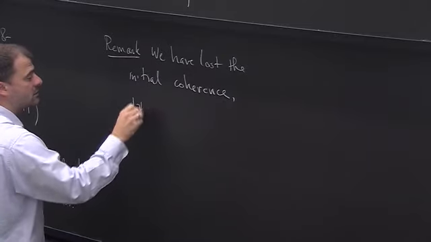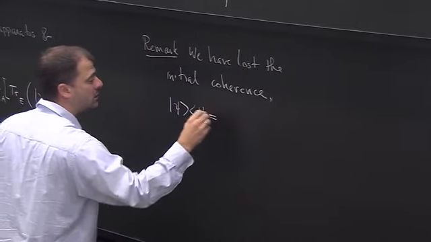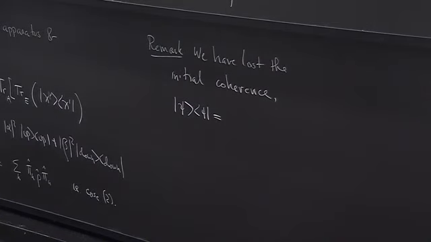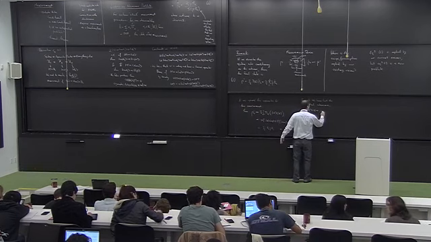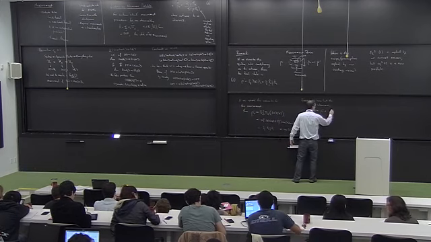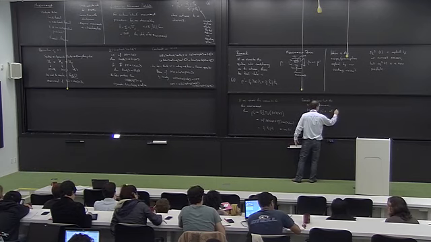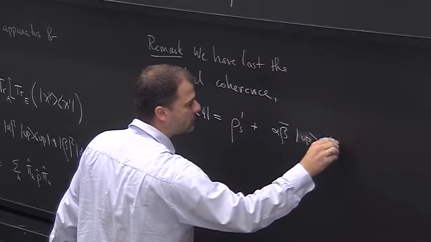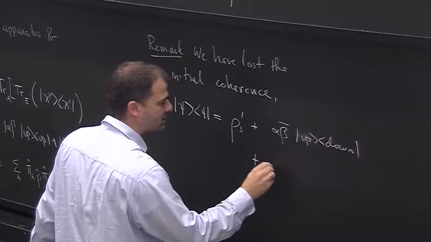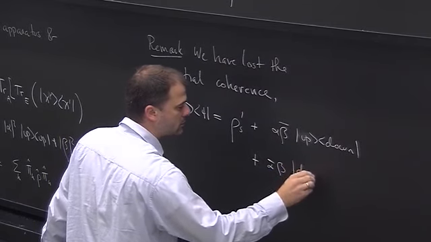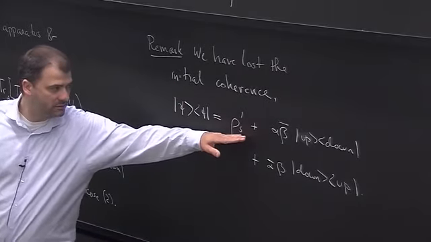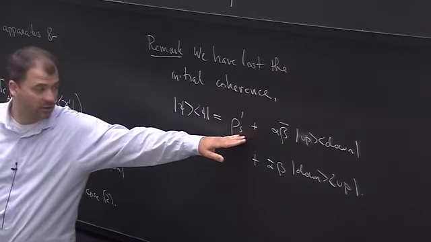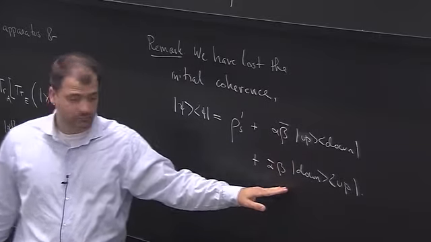The initial state psi, if we write it out as a density operator, we get rho s prime, plus alpha complex conjugate beta up, down, plus alpha bar beta down, up. So we get our final state that's been decohered plus these off-diagonal terms.